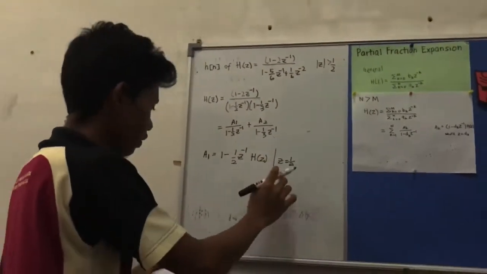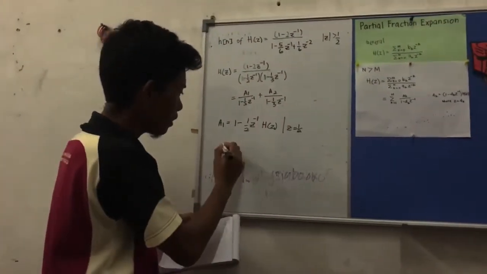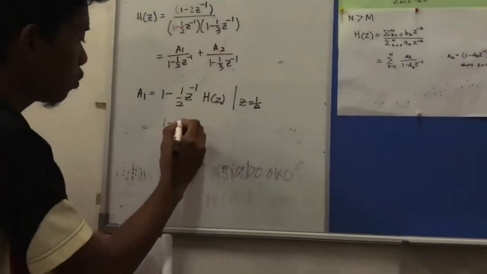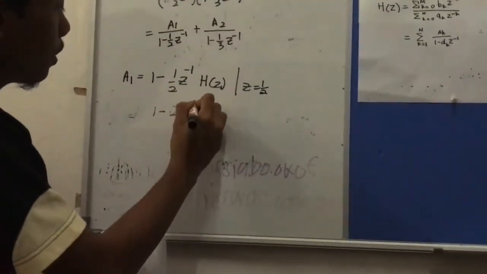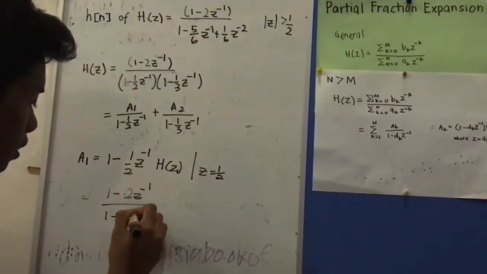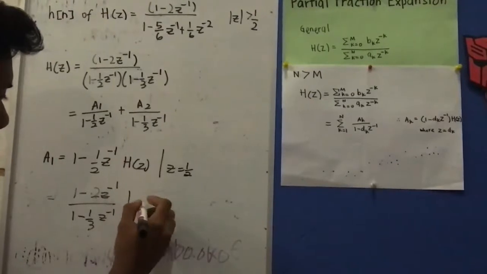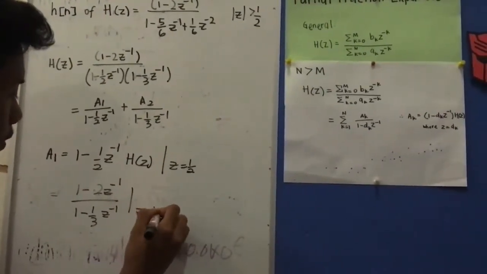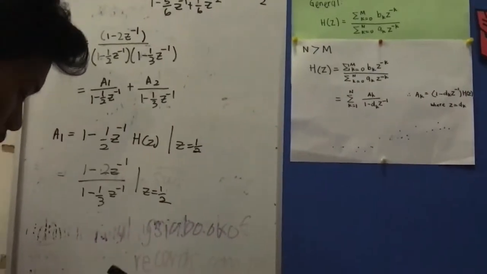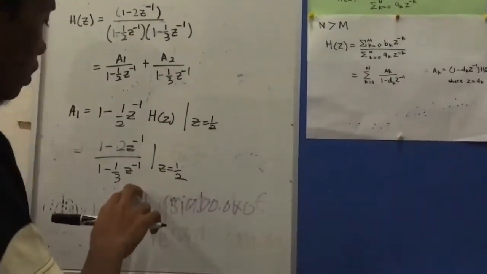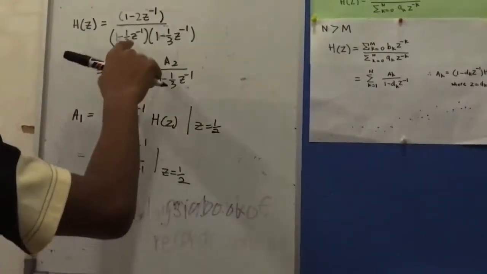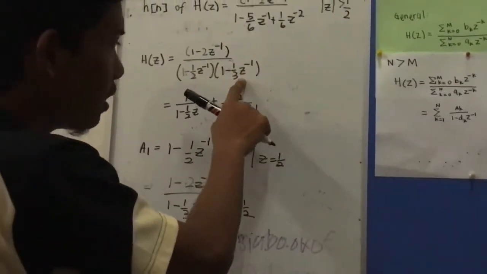After this, we insert into the main equation, we get (1 minus 2z^(-1)) over (1 minus 1/3 z^(-1)) at z equals 1/2. The 1/2 here is cancelled out by this, so the denominator is this.